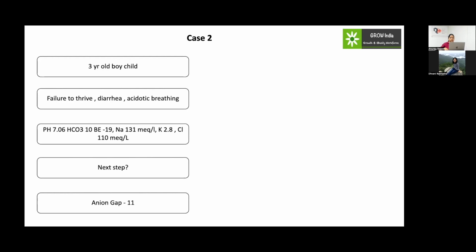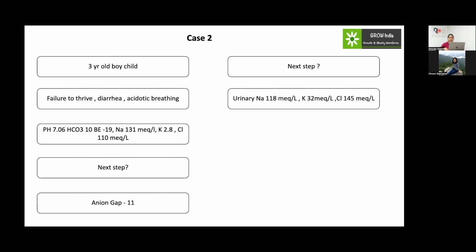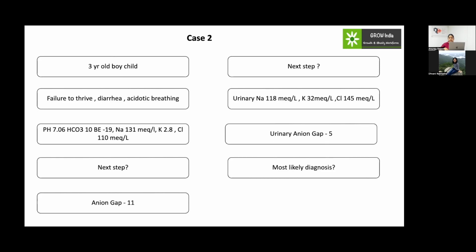So after the anion gap is normal, the differentials are very limited with the urinary anion gap. Definitely the next step was to get the urinary anion gap, which was 5. So the most likely diagnosis in this case would be. You have a urinary anion gap which is -5 or +5? -5.